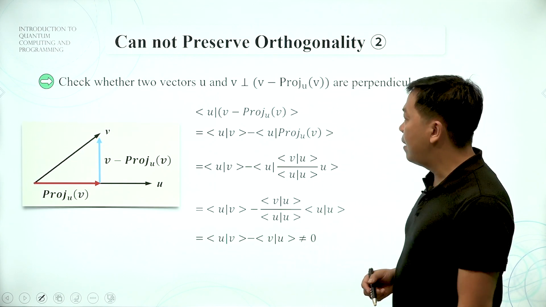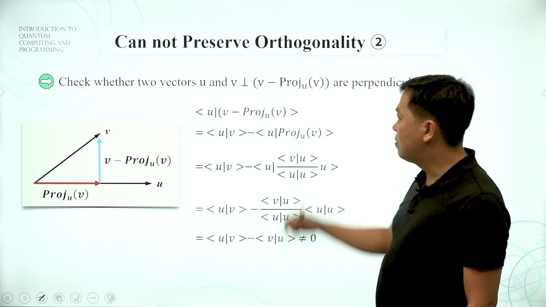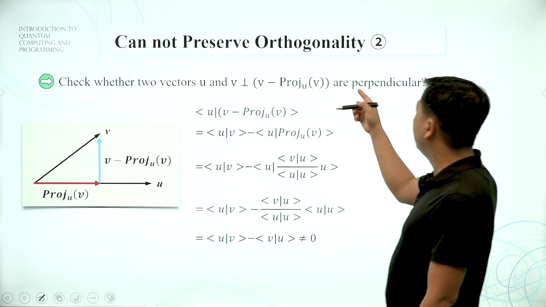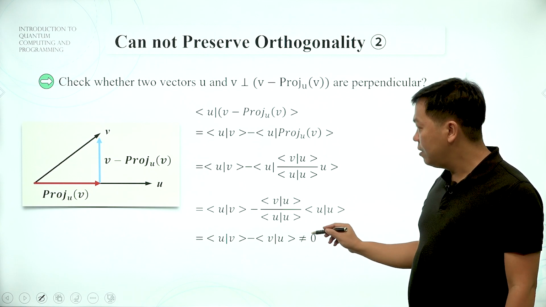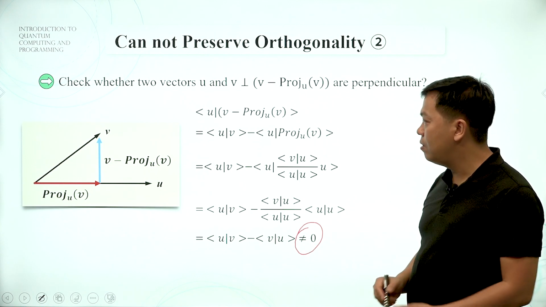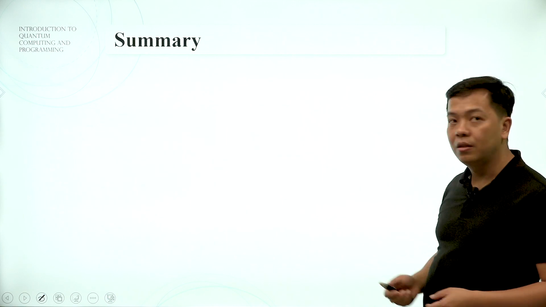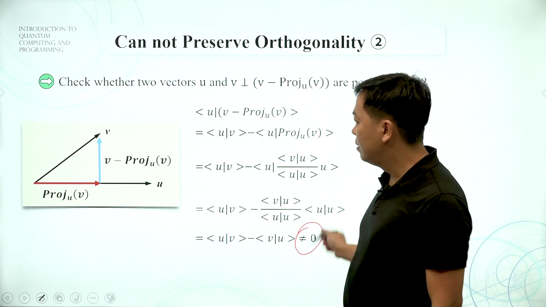That is one of the characteristics of quantum space. Now if you use the quantum inner product, you can check whether this is perpendicular or not. This is the formula, and after you calculate, you see this value is not 0, so we can say this is not perpendicular.